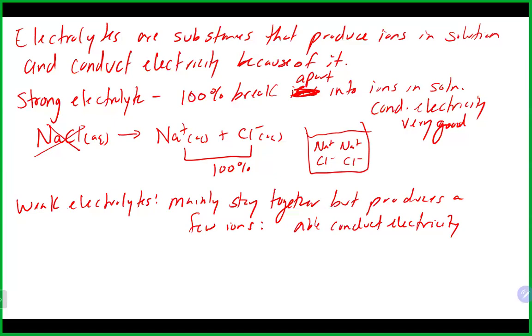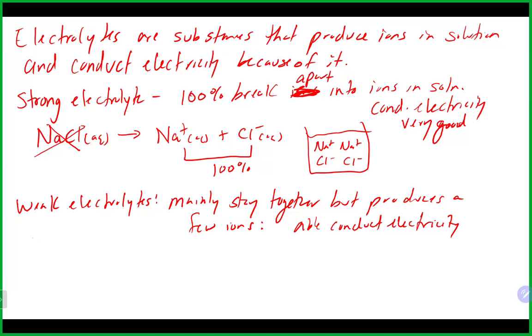If you go to the light bulb example, and you stuck the electrodes into a solution that's a weak electrolyte, the light bulb will turn on, but it'll be very, very dim, almost like it's dying. There's not a great deal of electricity being conducted, but it's still able to do so.